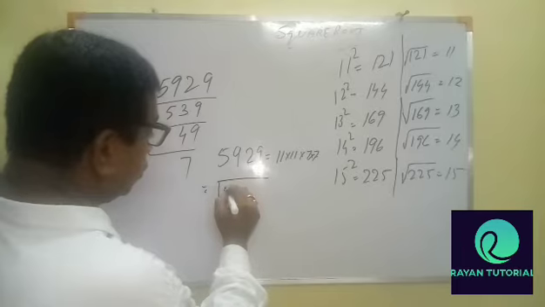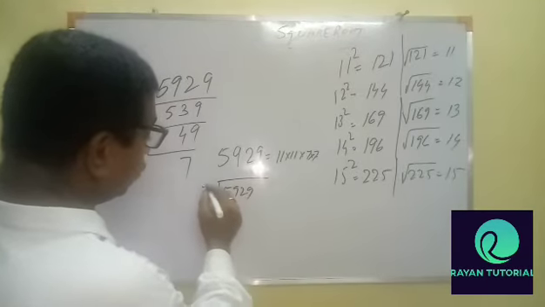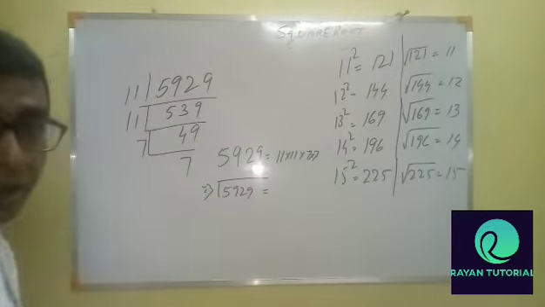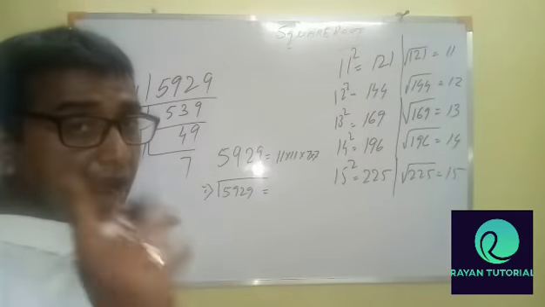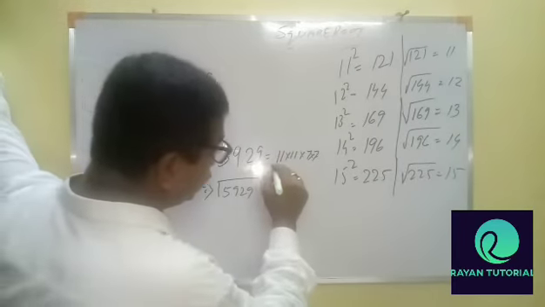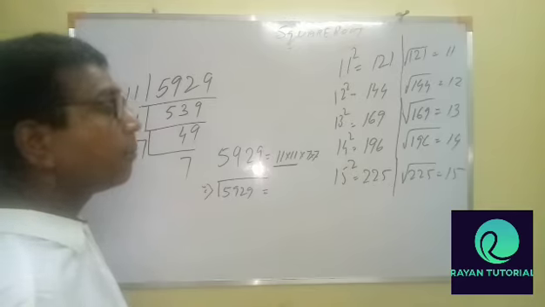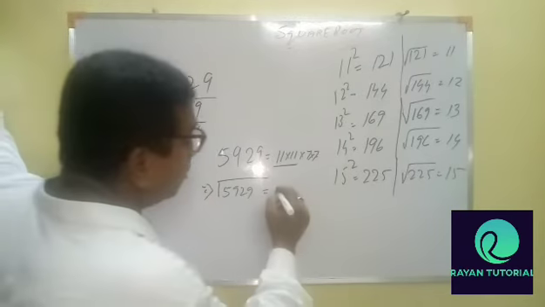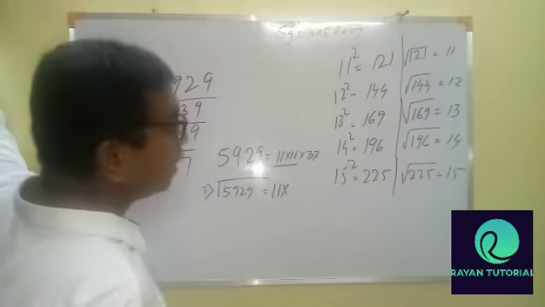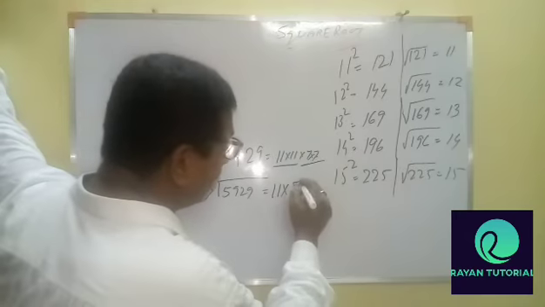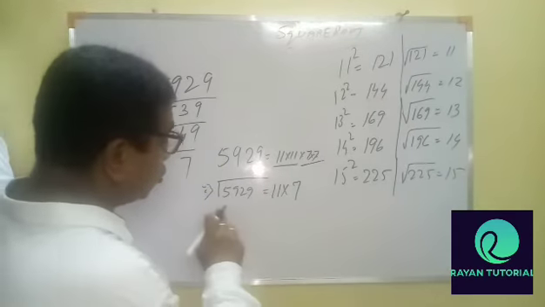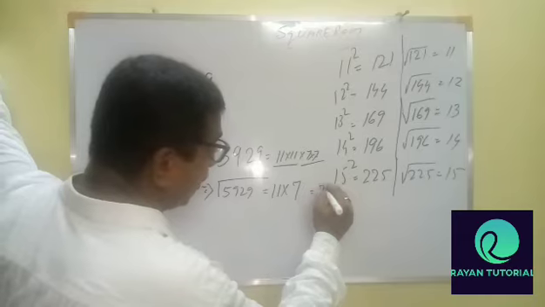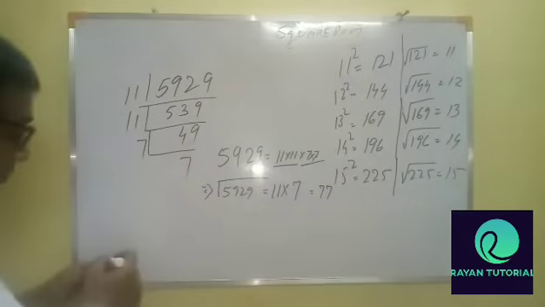Now, the square root of 5929. See here, for every pair I will take one number. Here is one pair of 11, meaning there are two 11s, so I will take only one 11. Here are two 7s, so I will take only one 7. So the square root of 5929 is 77.